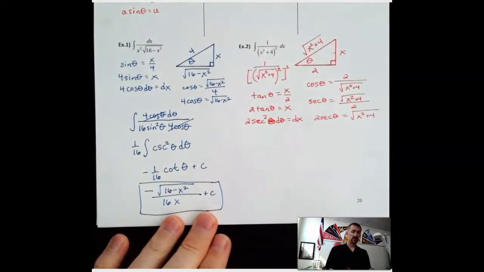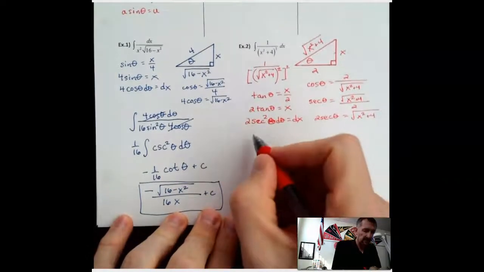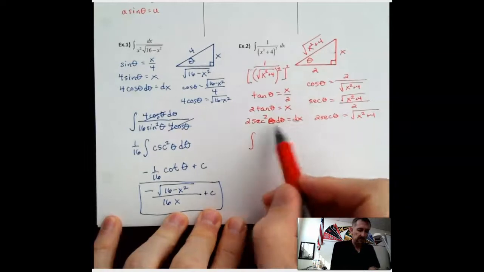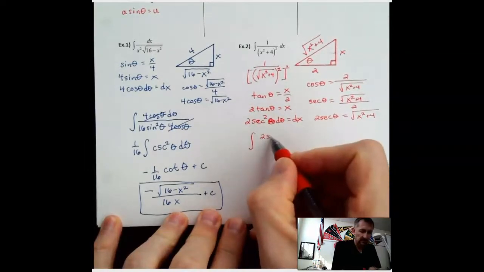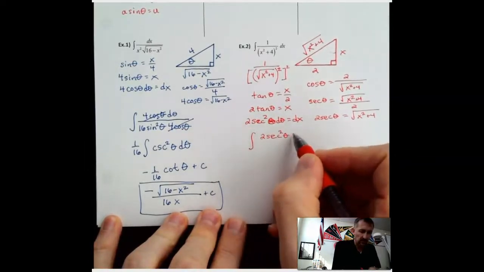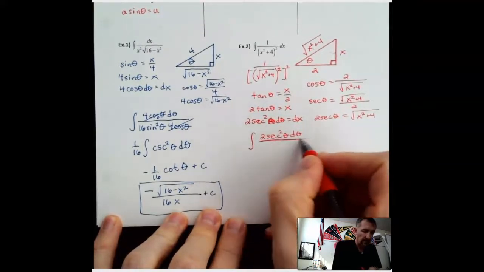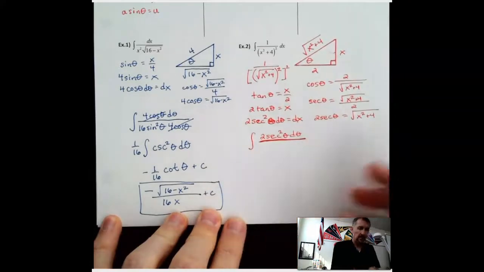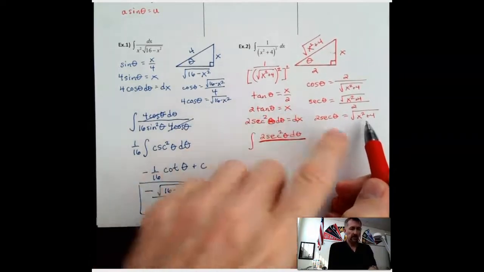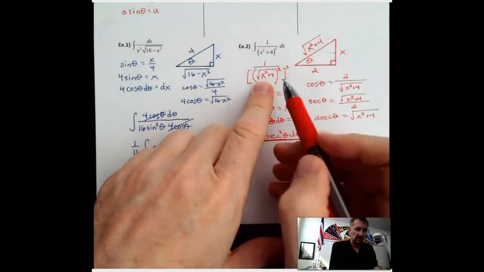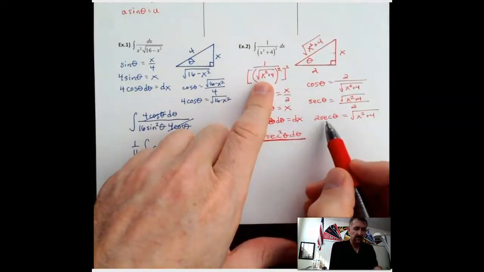So now we should be able to substitute out pretty much everything. So dx is equal to this. So we're going to have 2 secant squared theta d theta over, now this, which we rewrote in here, would be 2 secant. So if we square that, we get 4 secant squared.